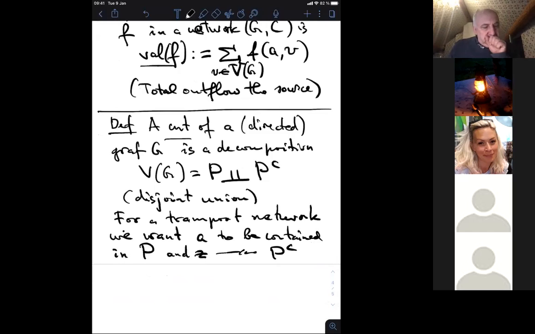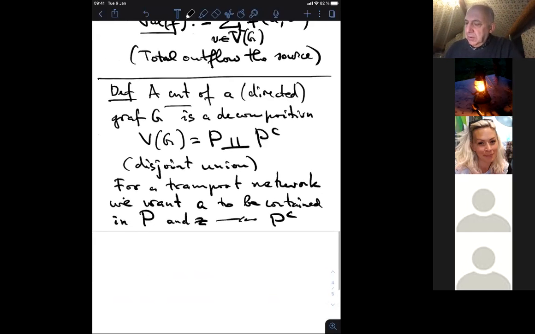Now we have a simple lemma, allowing us to calculate the value of the flow using any cut at all. Okay, lemma.